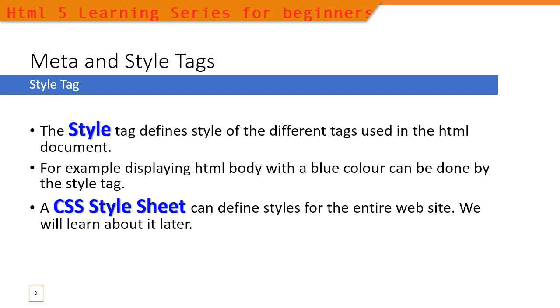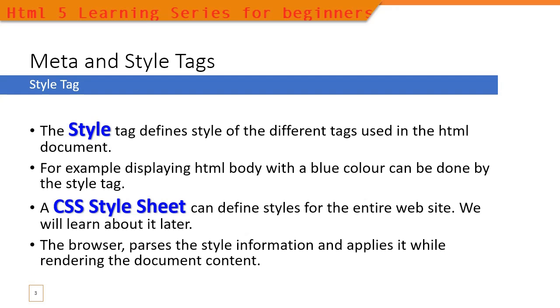So if there is a heading, the heading will be displayed in the same style using the style defined in this CSS style sheet. So whatever is the page, all the pages will display the same kind of style for the H1 tag. So likewise for all the tags, we can define the styles in the CSS style sheet. So we will learn about CSS style sheet later.